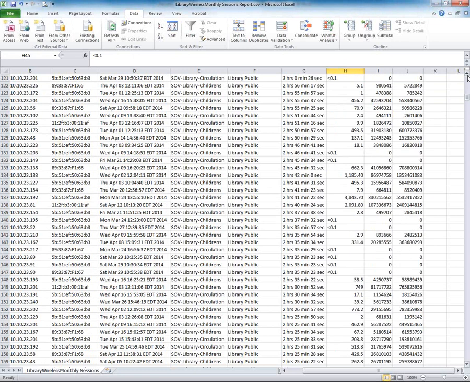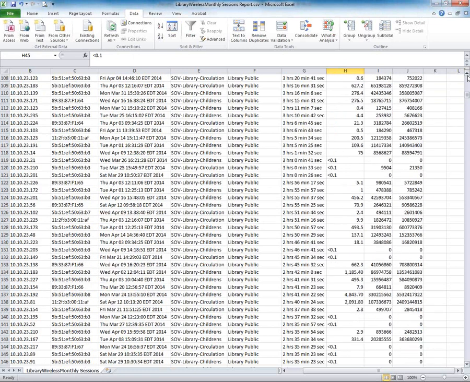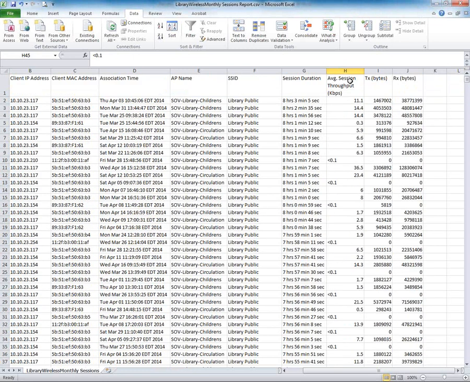Yes, if those sessions are exactly 5 minutes and there's absolutely no throughput transmitted or received, then likely you would count them out. If you have a 5-minute session that does have at least some transmitted and received, you may want to leave those in and count them.